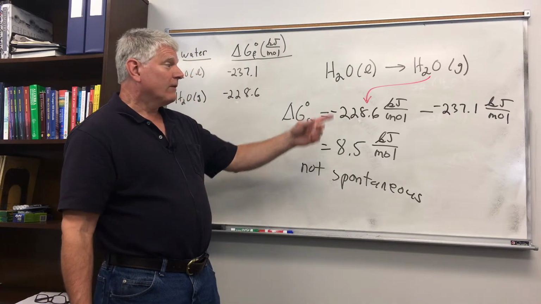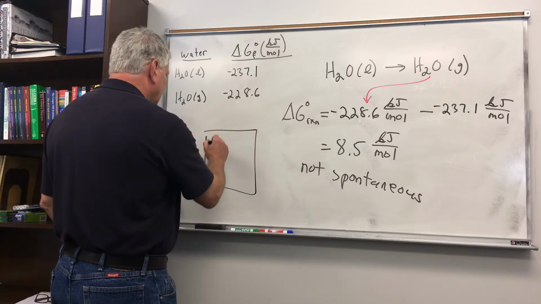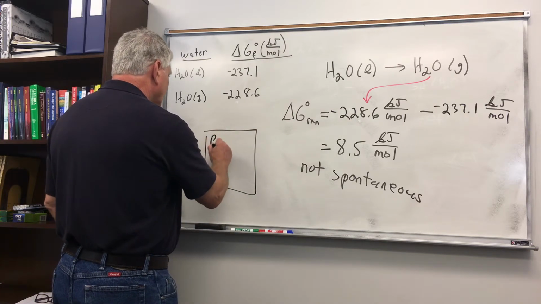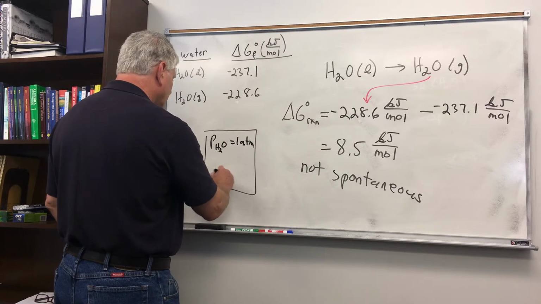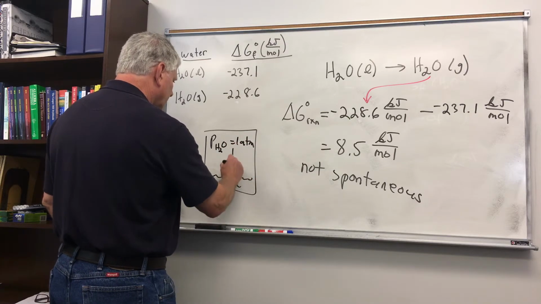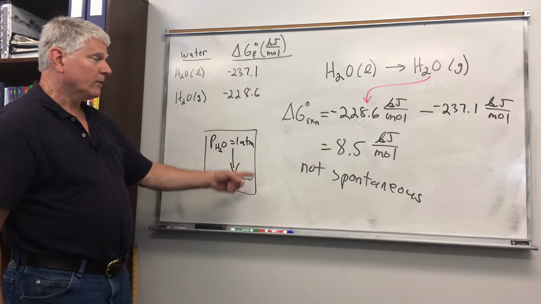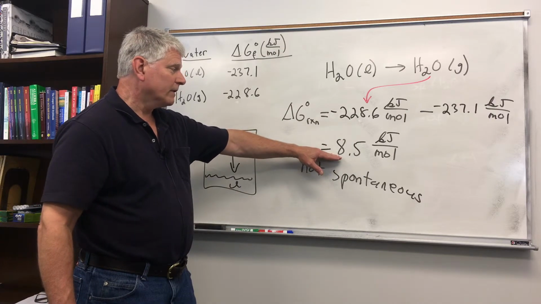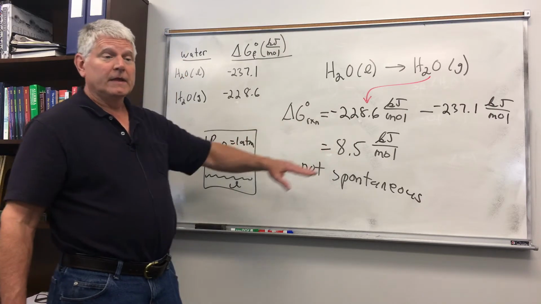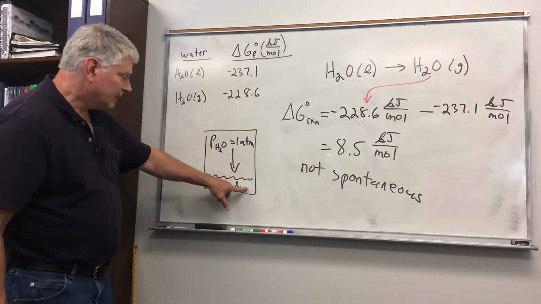If we have water in a closed container and the pressure of the water is equal to 1 atmosphere, with some liquid water here, then it would spontaneously condense into the liquid, because the reverse of this reaction is just the negative of this one, so it would be negative 8.5 kilojoules per mole. That would be spontaneous going from vapor to liquid.